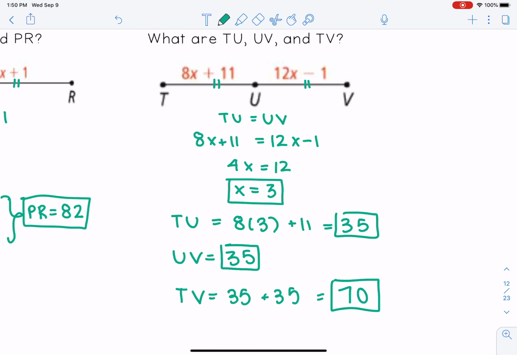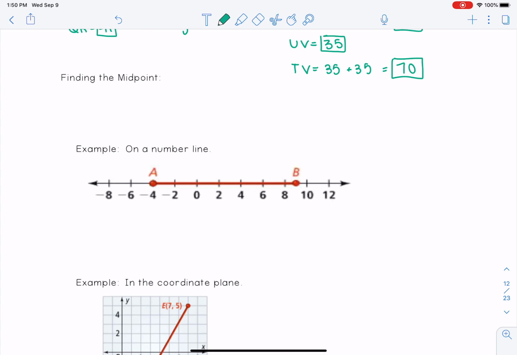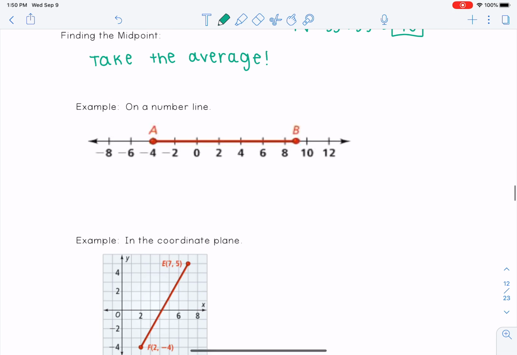Lastly, we're going to figure out how to find the midpoint. To find the midpoint of something, we're going to take the average. On a number line, all we're going to do is average the coordinates. So what does that look like?